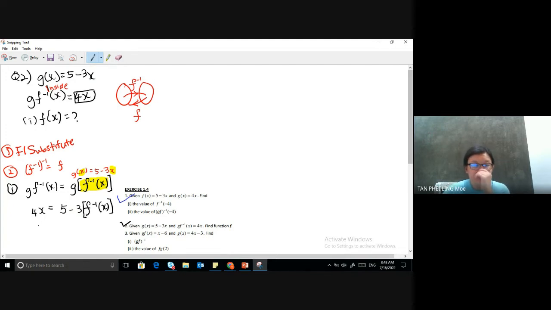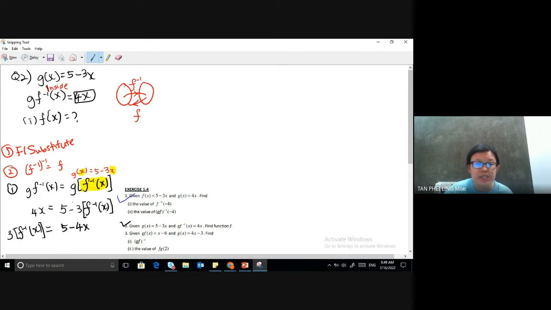Now the same process again. I have substituted with my f inverse, which is my inside. Now I want to make this positive. So I'll bring this here, negative 3 becomes plus 3, 3 f inverse x, equals to 5 minus 4x.